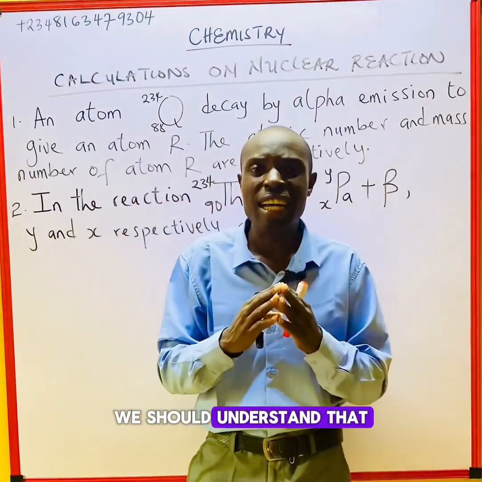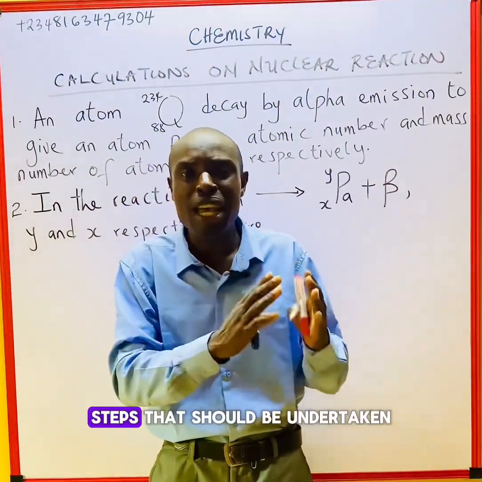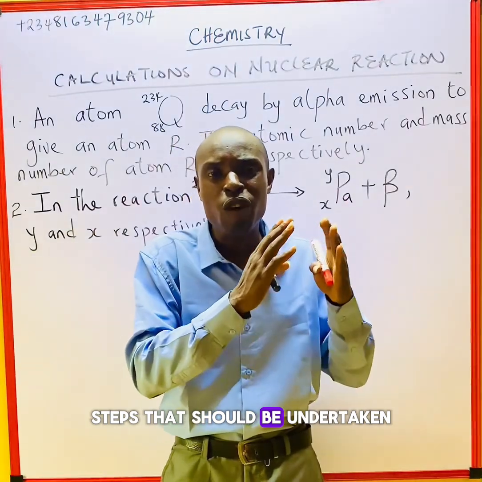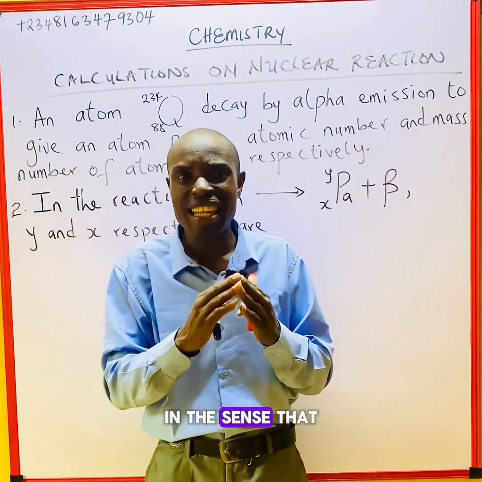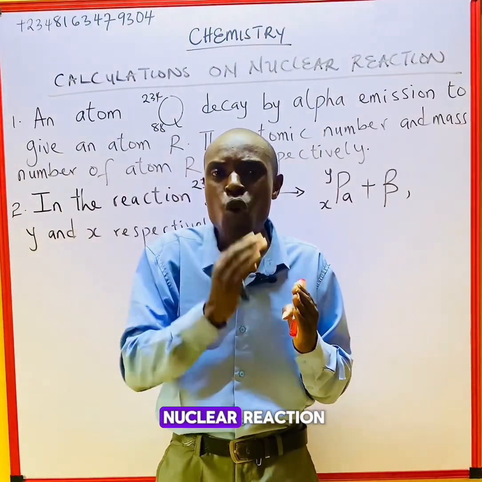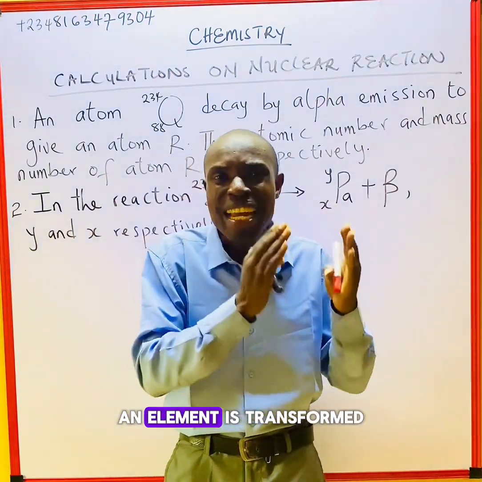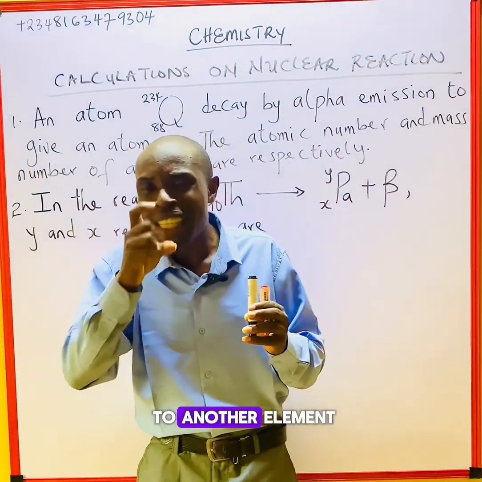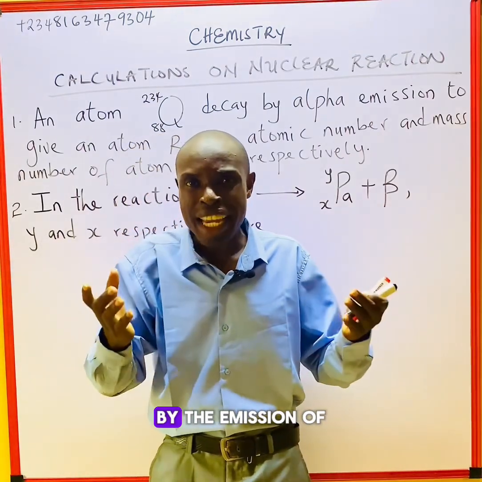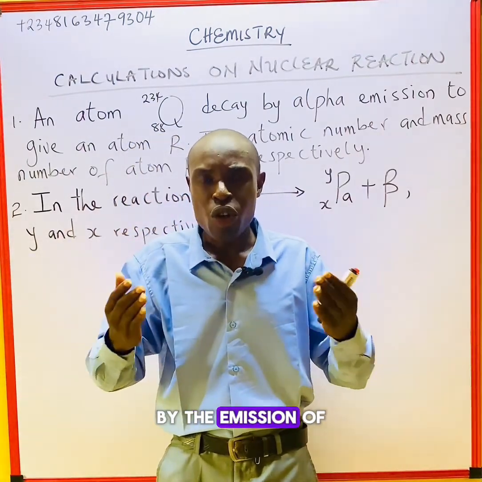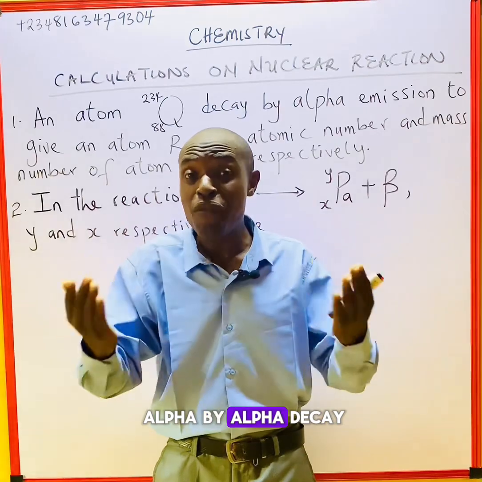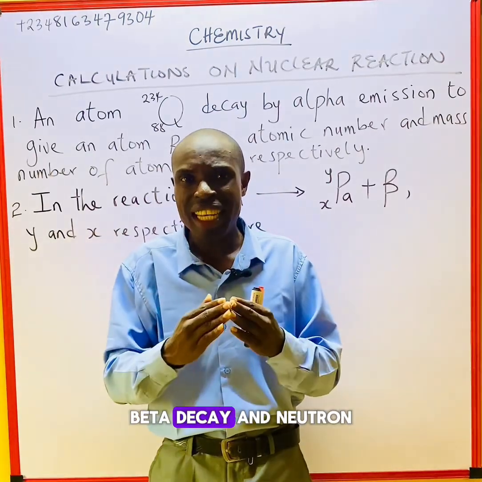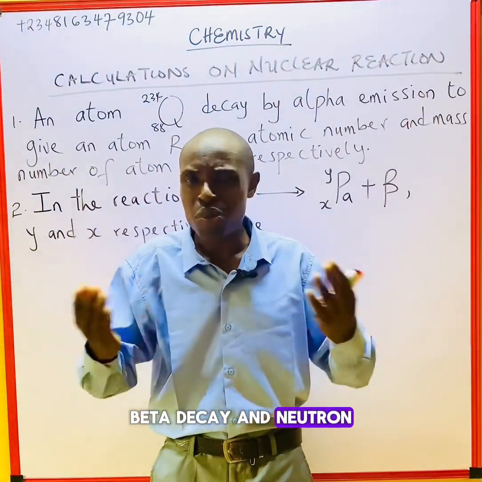Now, we move ahead in the balancing. We should understand that there are some basic steps that should be undertaken, in the sense that in the case of nuclear reaction, an element is transformed to another element by the emission of alpha decay, beta decay, and neutron, proton as the case may be.